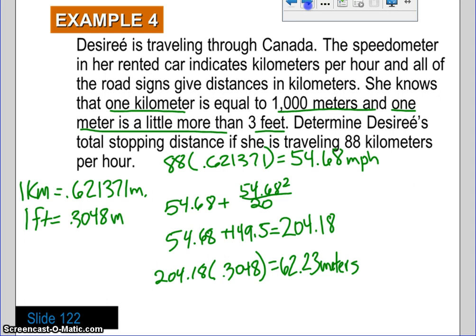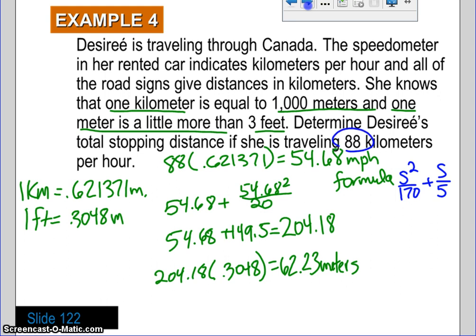Now, one thing you should know is that there is also a formula for calculating it in meters. Our formula is over here, and I'll write it in different colors so that it stands out: speed squared divided by 170 plus the speed divided by 5. So using that, let's take that 88 kilometers per hour and plug it in.